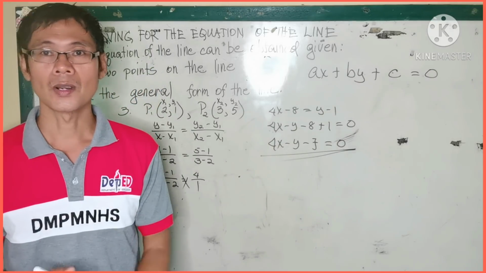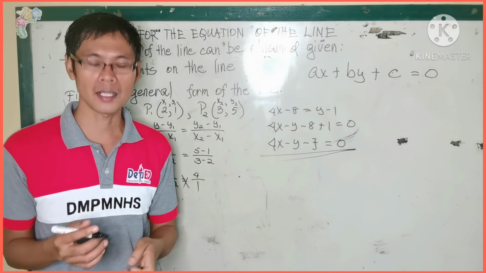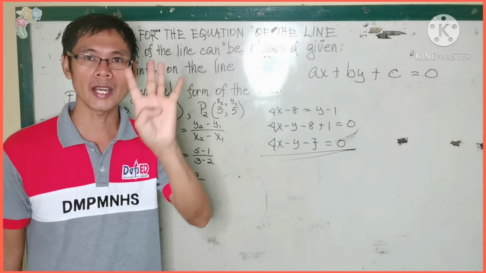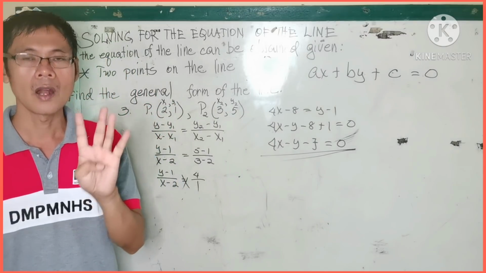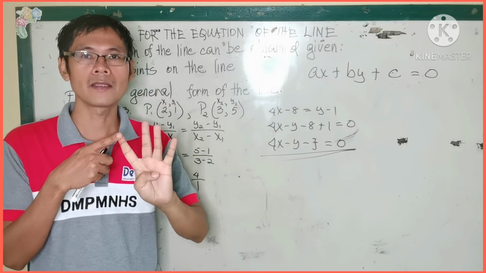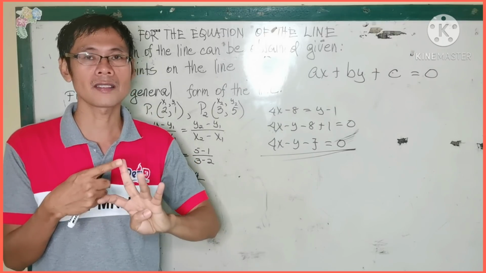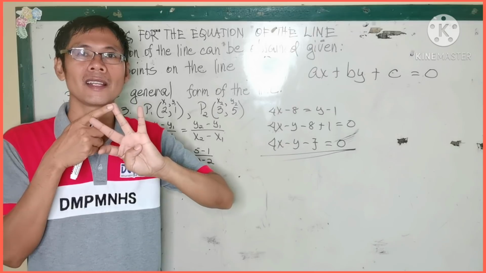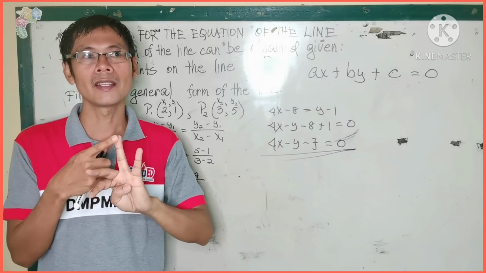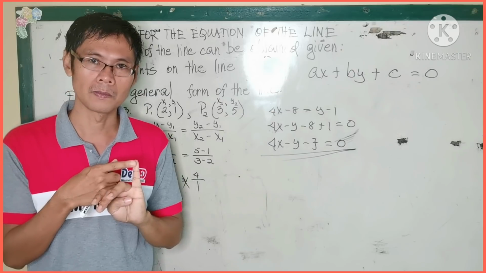Okay? So dear learners, so yun yung mga considerations kung saan tayo nagsusolve ng equation of the line. So there are 4 situations there. We can solve for the equation of the line given the slope and the y-intercept, given 2 points, given the x and y-intercept, then given a point and a slope.